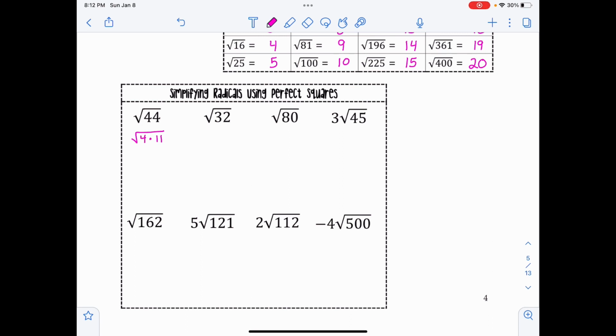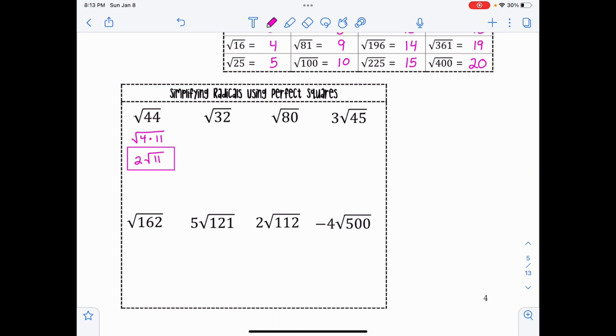I chose 4 and 11 because 44 doesn't have a lot of factors, but I know that 4 is a perfect square, and the square root of 4 is 2. Then I'm left with 11, which doesn't reduce any further. That one was easy because 44 doesn't have too many factors.